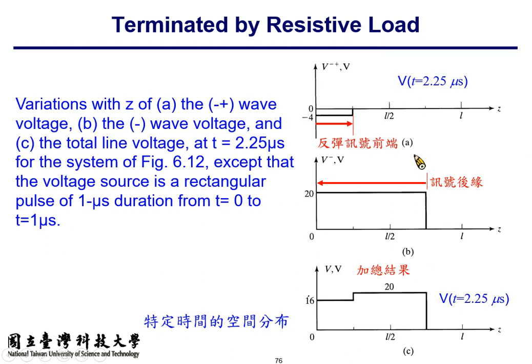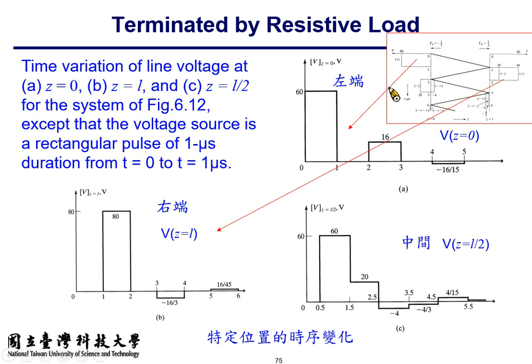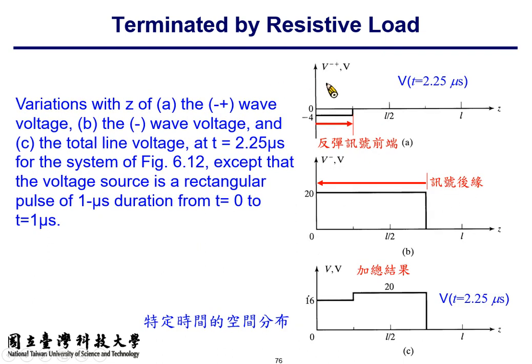If you draw a horizontal line on the bouncing diagram, then you can observe the signal distribution, the voltage distribution across the transmission line at a certain time instant. So, for example, at t equal to 2.25 microsecond, you have the V minus plus signal just appear, while the V minus signal has 75% remaining on the line.